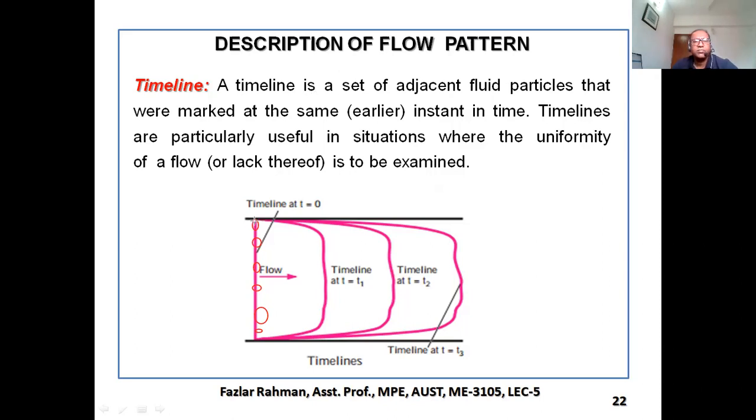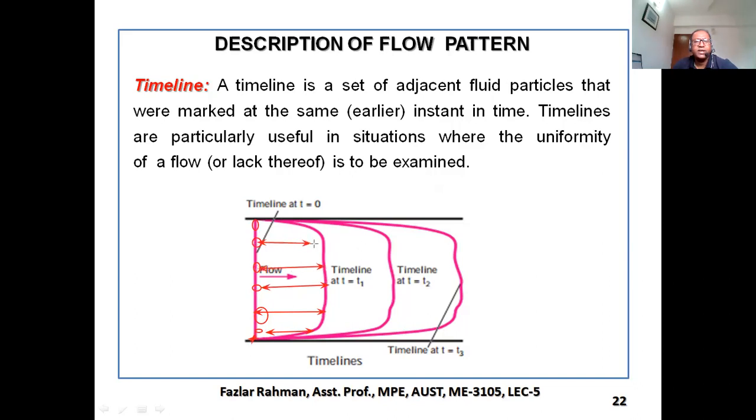So this fluid particle, its velocity is almost zero because it is close to the wall. Same thing for this one, but if you consider a fluid particle a little bit away from the wall, it travels this much distance. This one travels this much, this one travels this much.